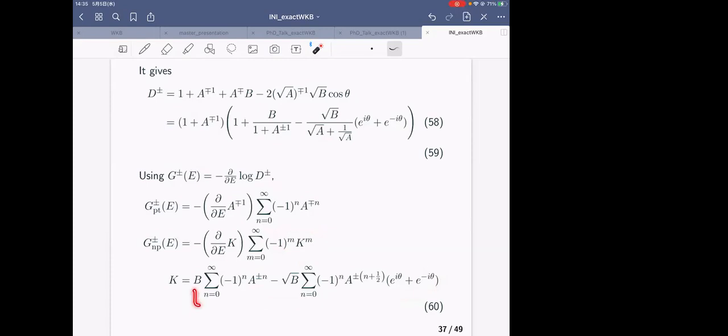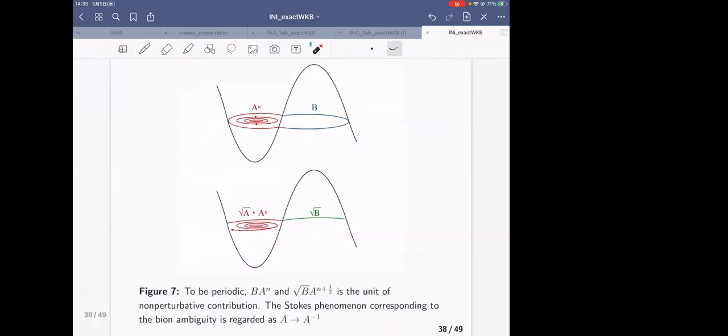And the meaning of this K is, first, consider one B cycle and attach an infinite number of A cycles. To be periodic for one B cycle, then A times, or A power n, gives a cycle that satisfies the periodic boundary condition.